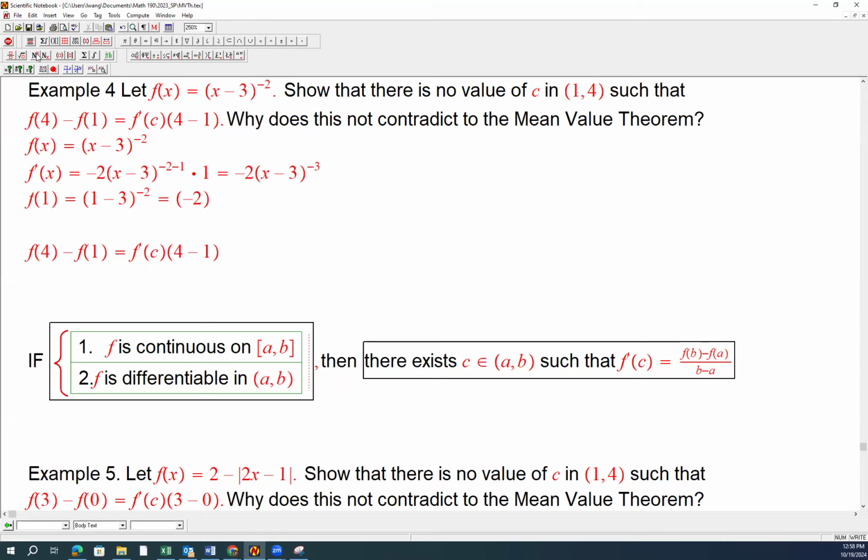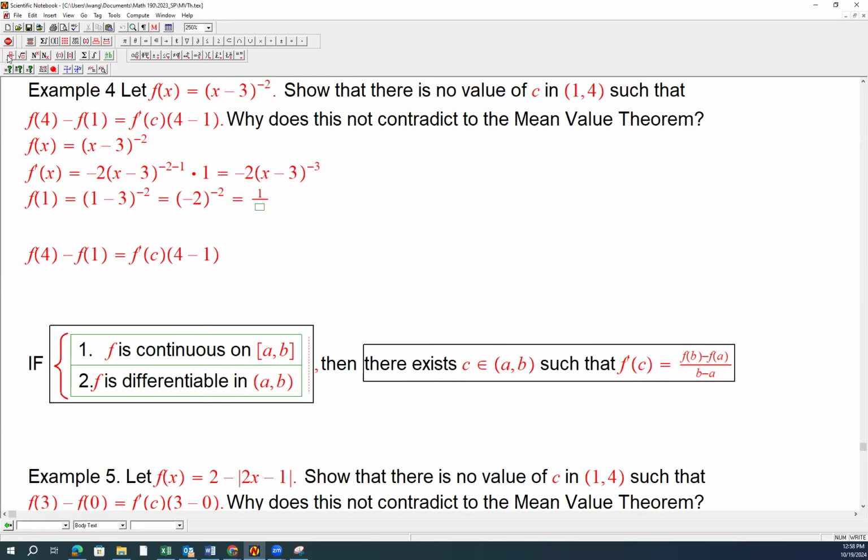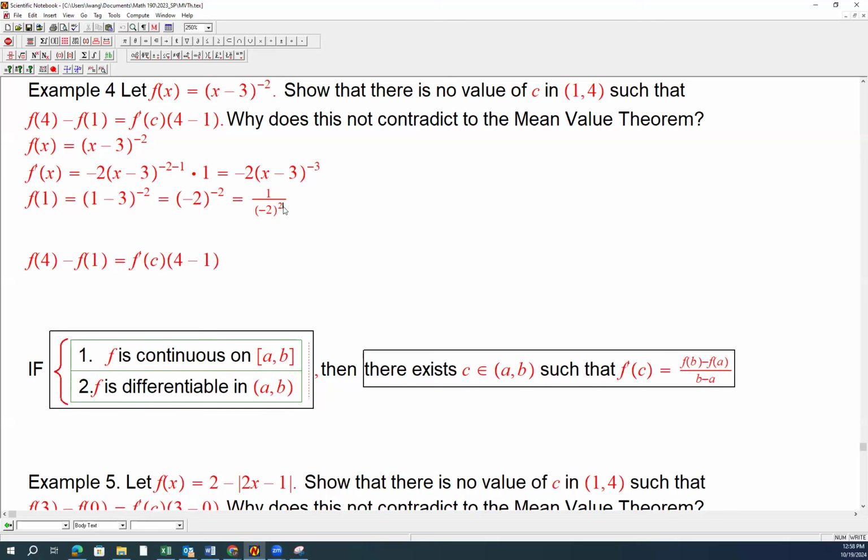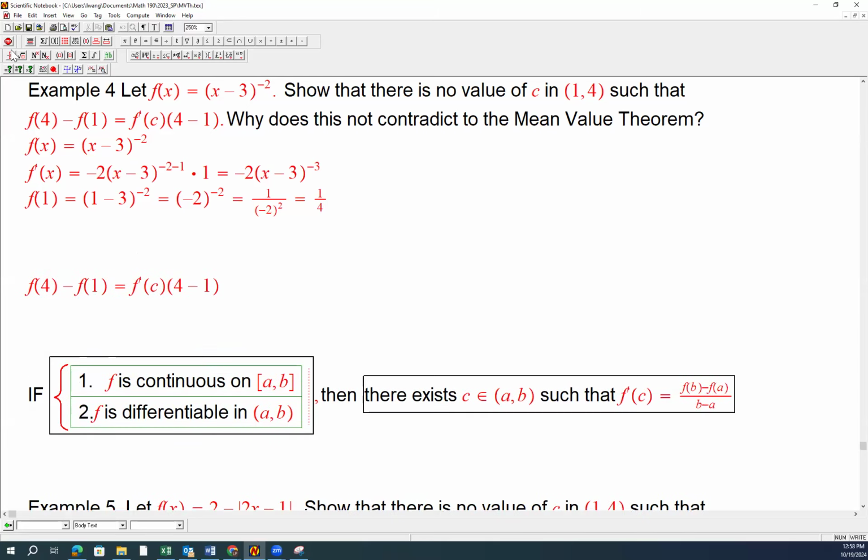What does that equal to? And that equals 1 over negative 2 to the power of a positive 2. So this equals a quarter, because negative 2 squared is 4.